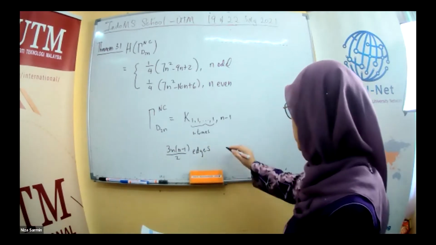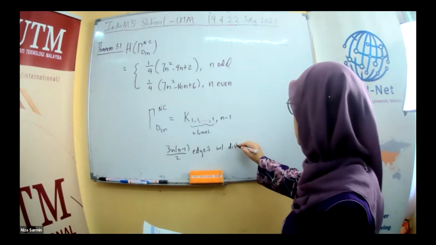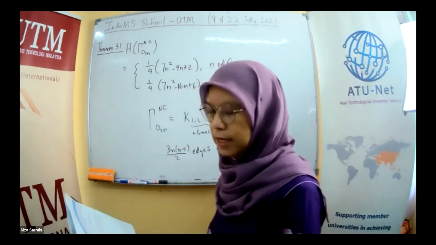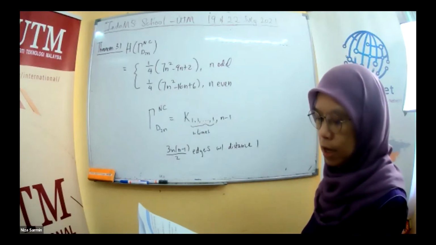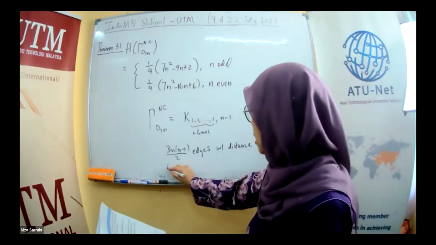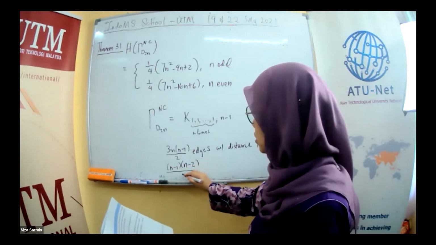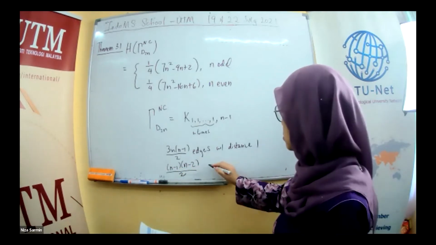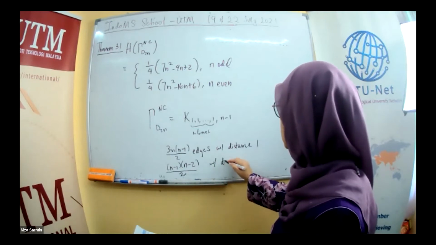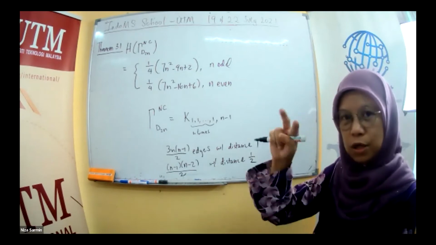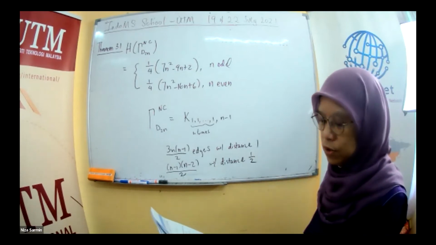After that, proposition 10, we have 3n(n minus 1) over 2 edges. This one with distance 1. And we have (n minus 1)(n minus 2) over 2 with distance 2. So the reciprocal is 1 over 2.